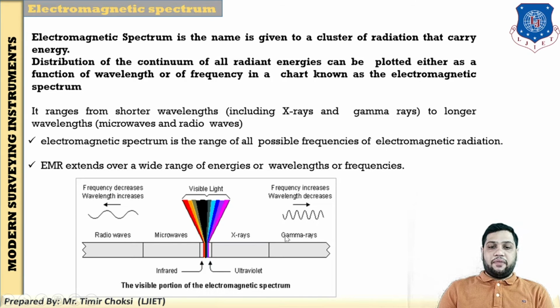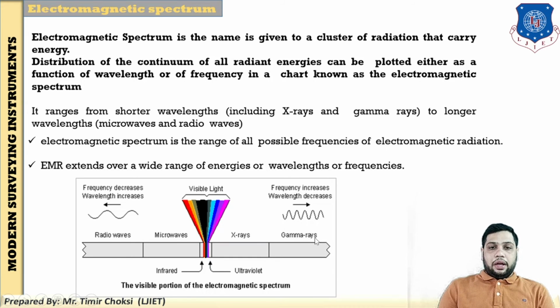In the X-ray and gamma ray portion, frequency increases because the wavelength is shorter. Above the microwave and radio wave, frequency decreases. Why? Because the wavelength is longer. So as wavelength increases, frequency decreases.